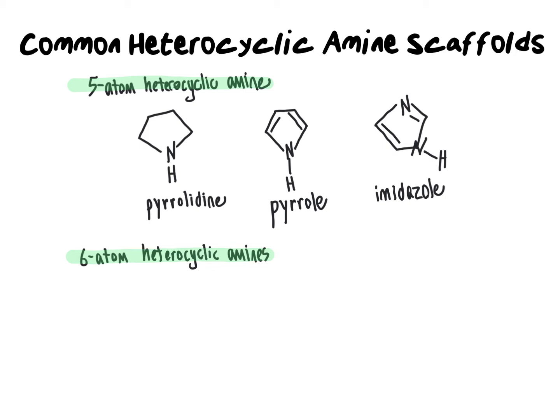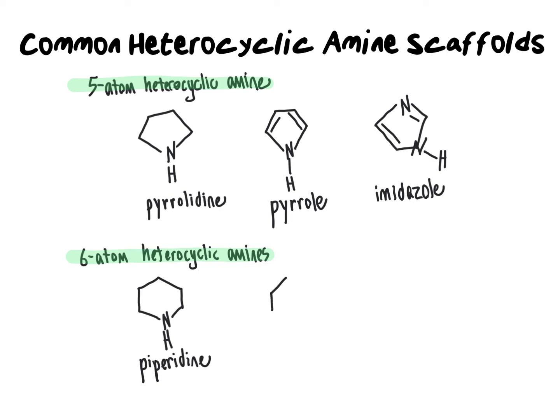So if we have a 6-atom fully saturated ring, that would be analogous to pyrrolidine up there in the 5-atom heterocyclic amines. That was the saturated flavor of that. This structure that we see here with 6 atoms in the ring and fully saturated with hydrogens is referred to as piperidine. P-I-P-E-R, like Piper, I-D-I-N-E as the spelling for that.